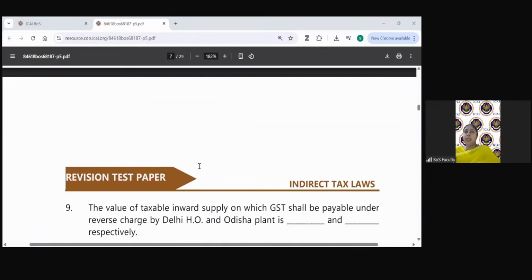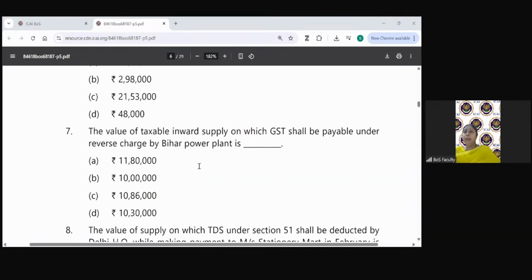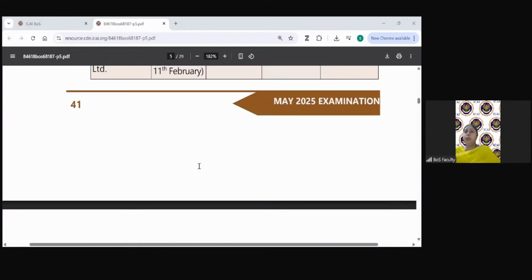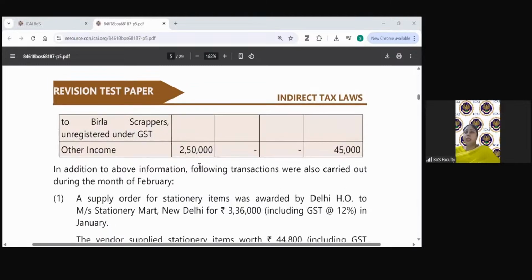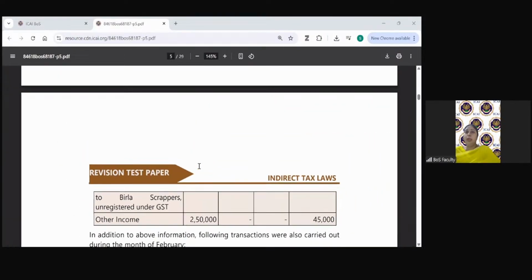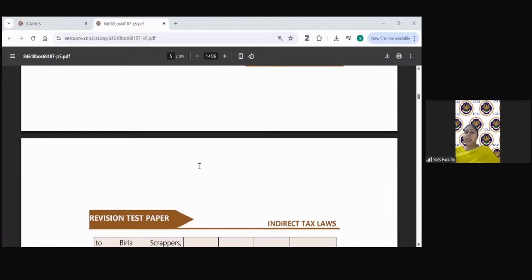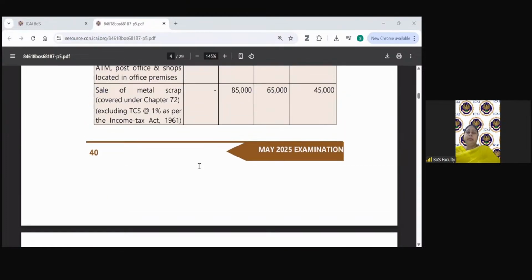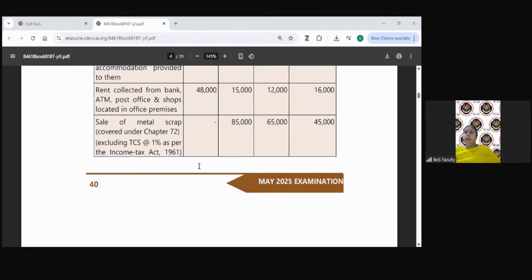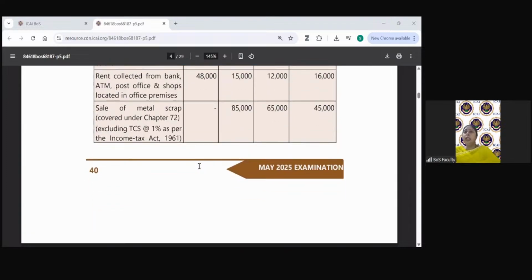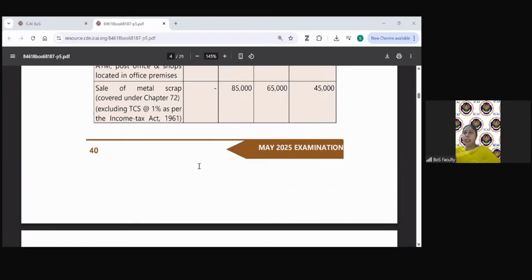So the question says that what would be the value of supply, and who will be the person liable to pay tax on this particular transaction. Let us see. This transaction, I have to zoom out a bit because we need to see the entire sentence, or let me read it out for you. See, this is the Chhattisgarh plant. The information relating to Chhattisgarh plant is given in last column of the table.